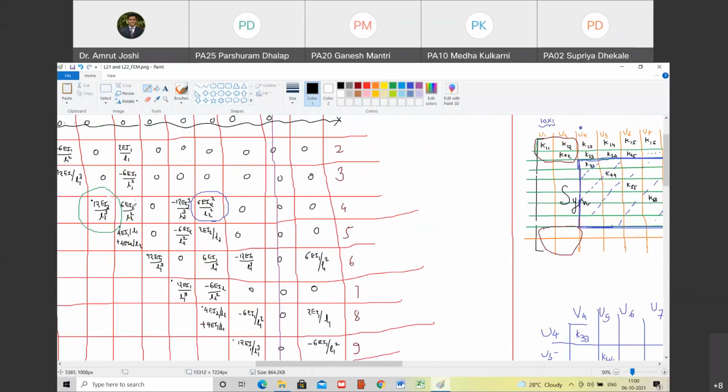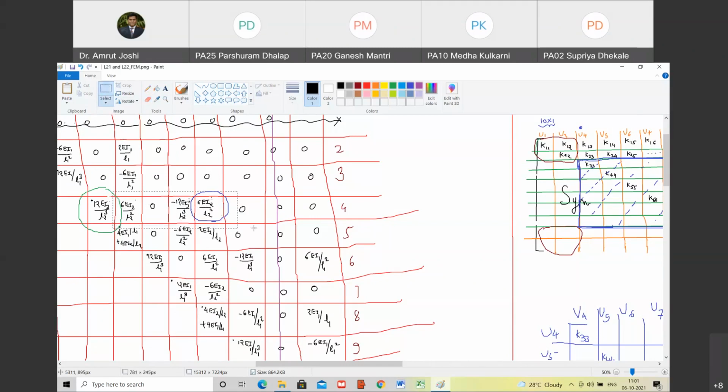So I will now go on looking at the next values in fourth row. So it is going to be 6 EI2 upon L2 square, 0, minus 12 EI2 upon L2 cube and minus 6 EI2 upon L2 square. Are you with me? Yes, sir.